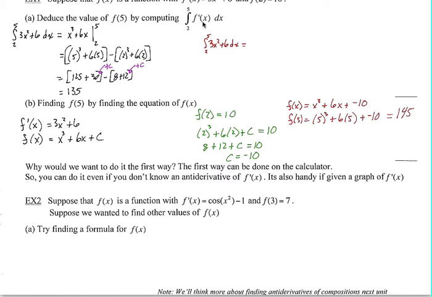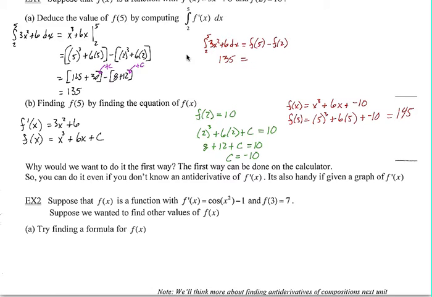And so if this is f prime of x, the parent function is f of x. So it's equal to f of 5 minus f of 2. And we just calculated this integral. We found out that that was 135.